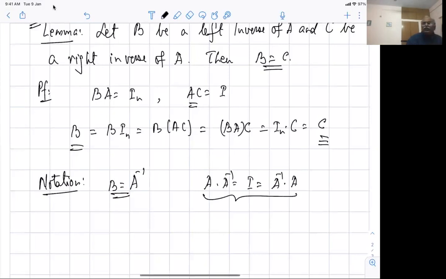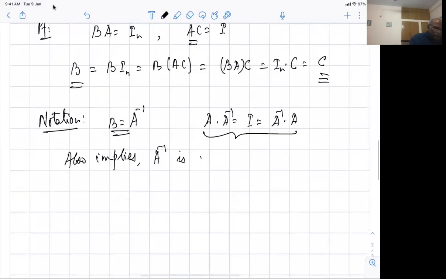Please understand, this also tells you that A inverse is also invertible, and the inverse of A inverse is nothing but A itself. This is what it tells me.